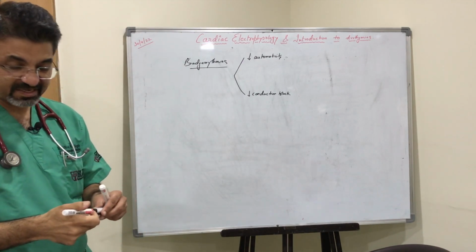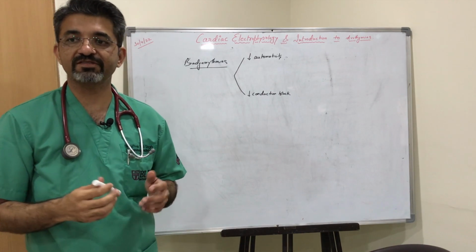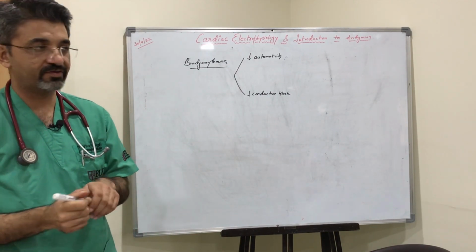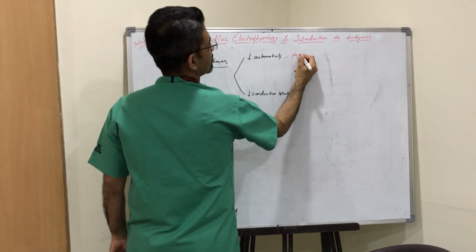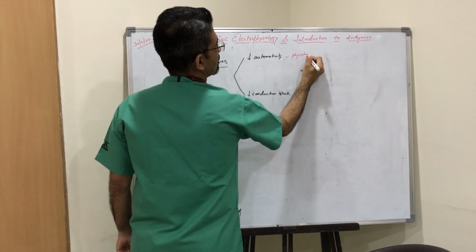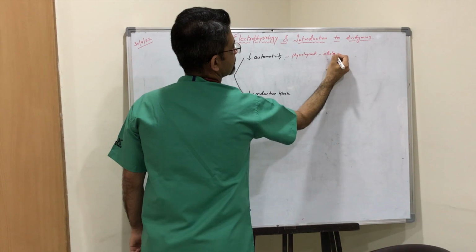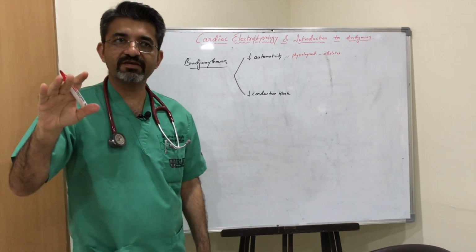So decrease in automaticity can be physiological. Say for example, you are an athlete, so you have a physiologically low heart rate, right? So it can be physiological, such as in athletes. There can be states where your metabolic rate is slow.